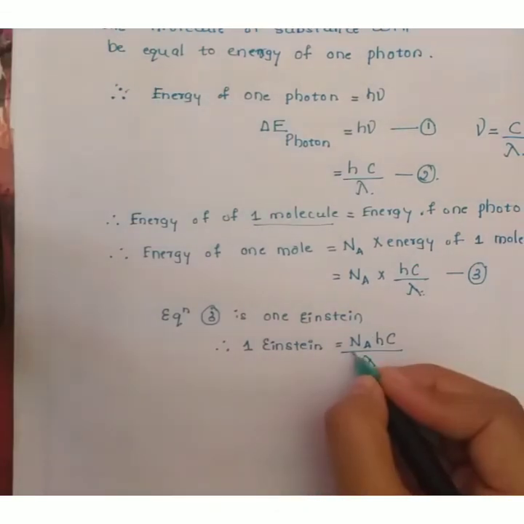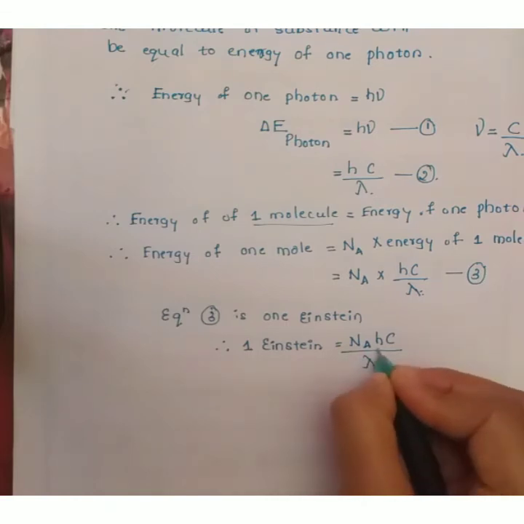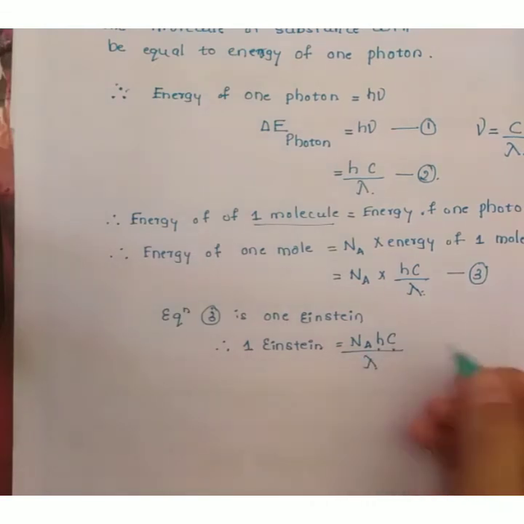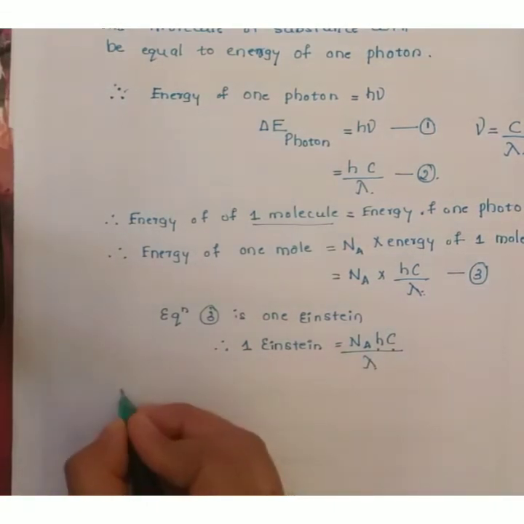Now substitute Avogadro's number, Planck constant and speed of light in the equation.